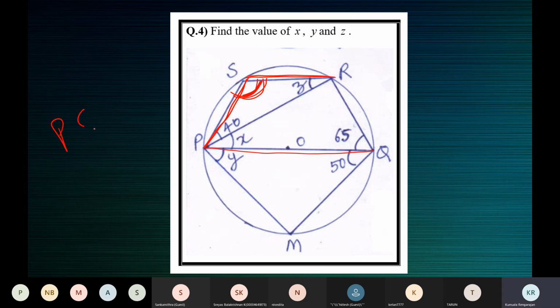So it is angle PSR. P is one end of the diameter. R is not the other end of the diameter. So PSR is an angle, but that's not the angle in a semicircle.